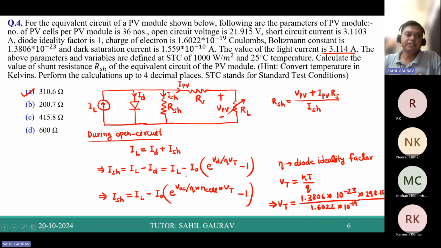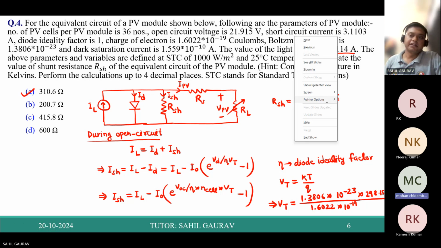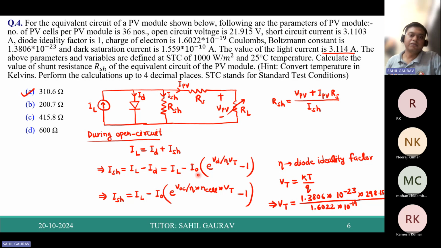So here we are going to see the steps for finding the shunt resistance of this PV module. For the open circuit condition, we have written this KCL equation, and then we know the diode current is equal to I naught into e to the power Vd upon eta Vt minus 1.